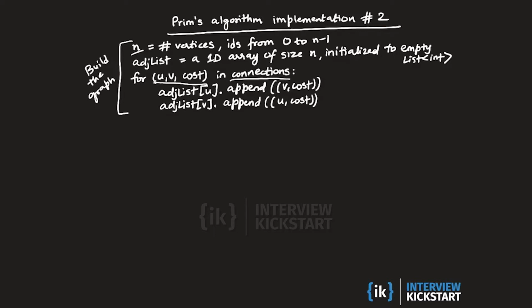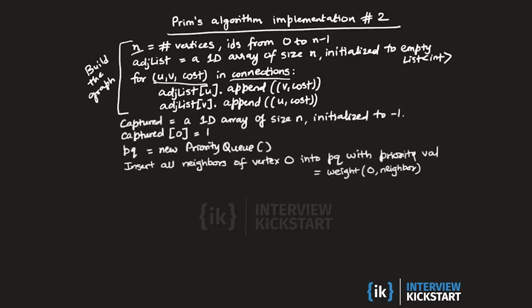So we build the graph as before, and then we initialize the captured array as before. The captured array will be a one-dimensional array of size n initialized to -1, and we are again choosing vertex 0 as the source vertex for beginning our algorithm. We'll assume that it already lies in the left partition, which is why its captured value is set to 1.